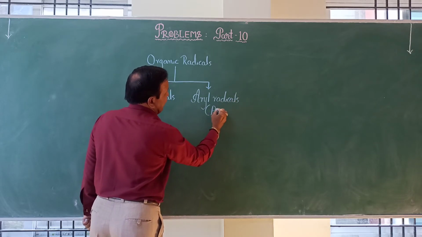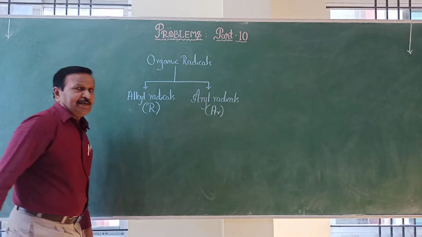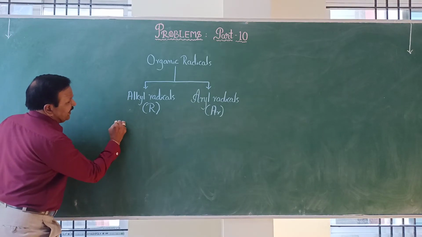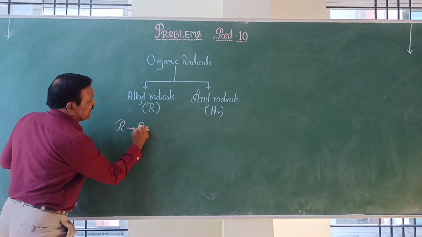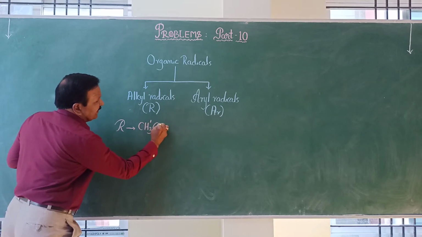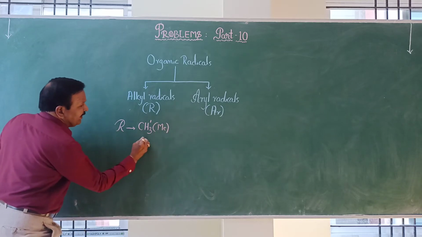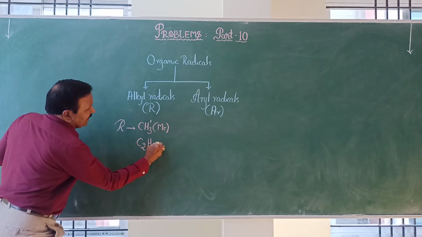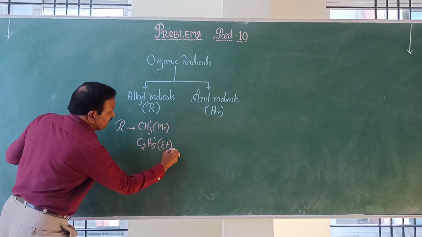For your PUC first and second year, the important R you need is, one, R may be CH3 coming from methane, that is methyl radical, and then C2H5, that is ethyl radical, ET.